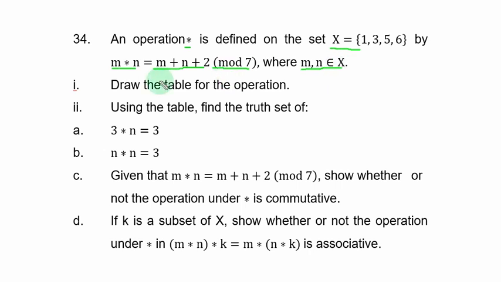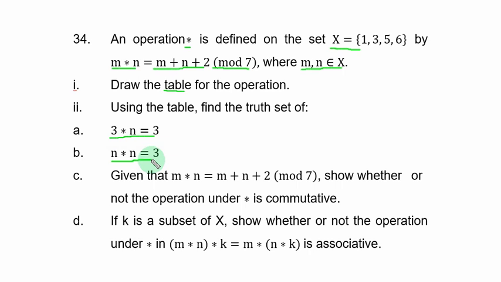Required. 1. Draw the table for the operation. 2. Using the table, find the truth set of A. 3 asterisk N equal to 3. B. N asterisk N equal to 3.